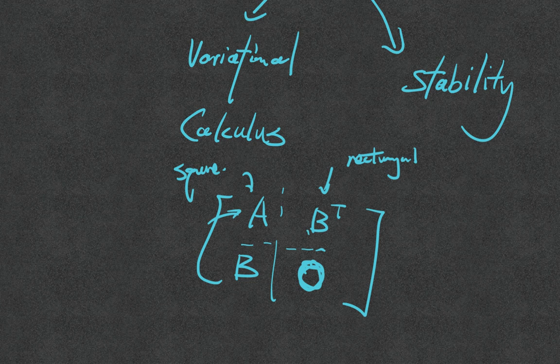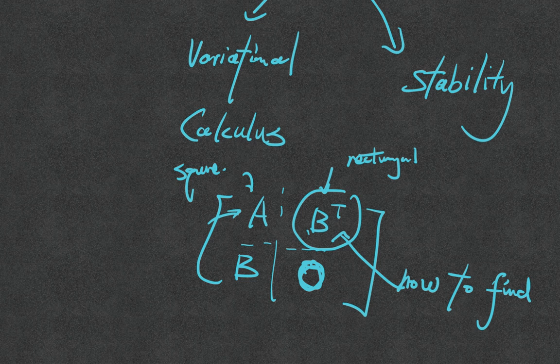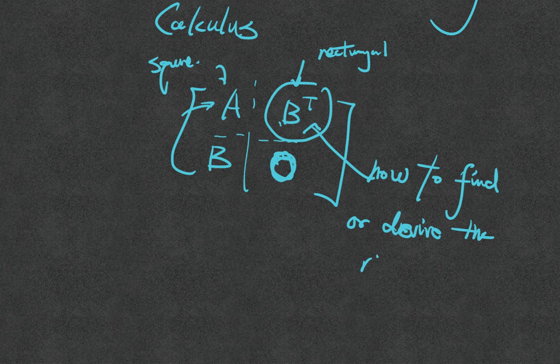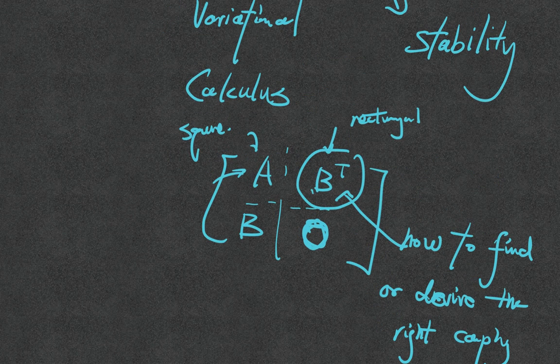So the fundamental question is how to find or derive the right coupling term. How do we make this thing stable? It's a rectangular matrix.